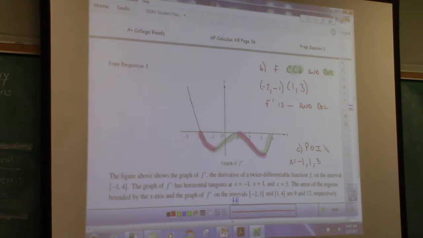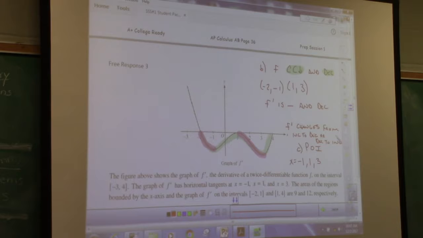A couple different ways there. What I would say is the last way we said: f prime changes from increasing to decreasing or decreasing to increasing. Can you just say the slope of f prime changes around these points?